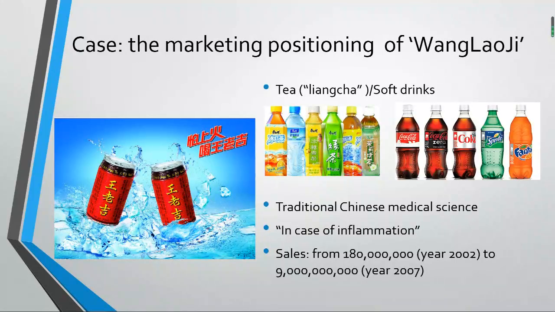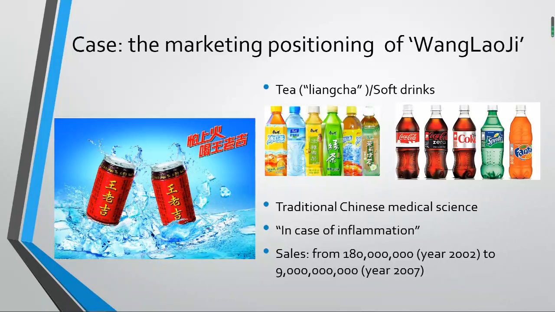And second, their product has a clear definition and applicable situation, like what they said in their slogan, in case of inflammation. That's a quite attractive slogan in China, because in Chinese traditional opinion, if you eat something spicy or fried or grilled, even though it's delicious, you are more likely to get inflammation.